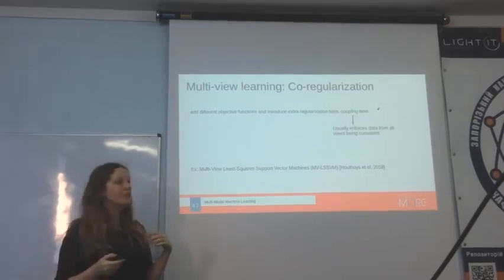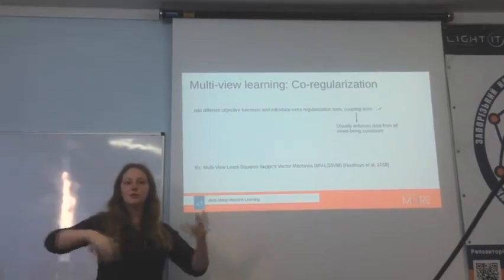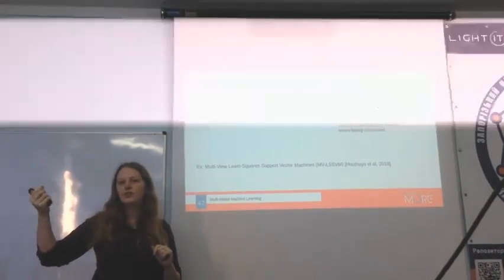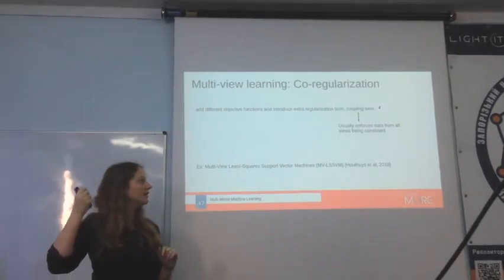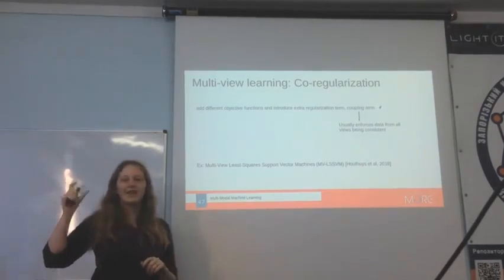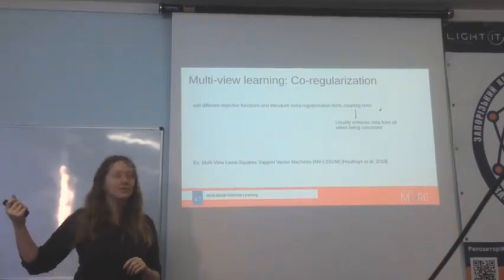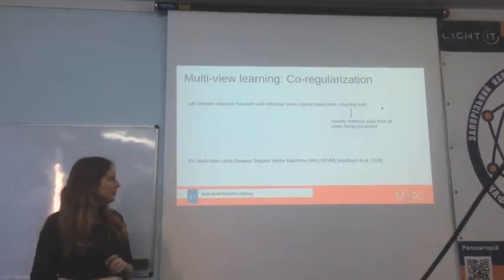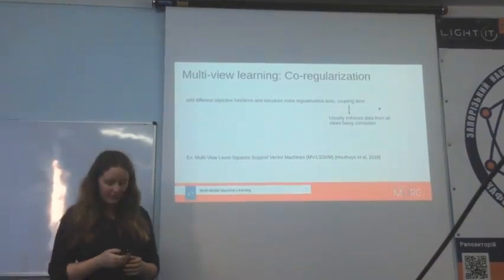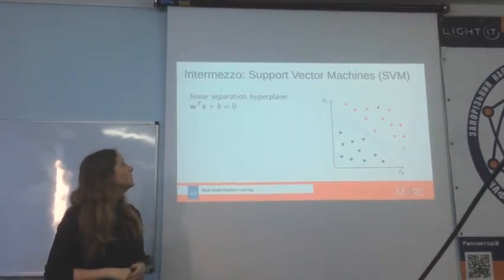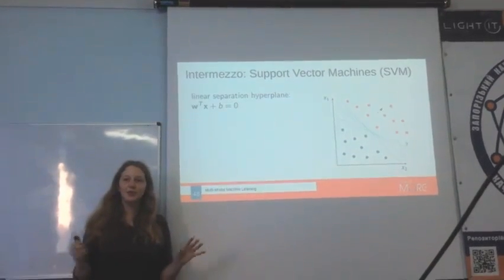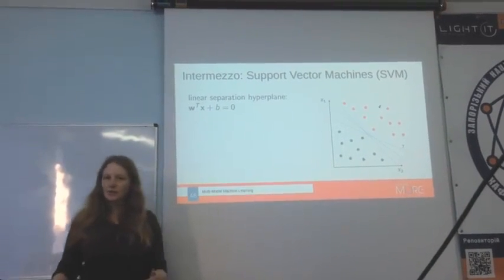The idea is that you take the objective function from one view and from the other, you just add them, and then you add a term that tries to maximize the alignment. It tries to make the views consistent. An example of that is multivariate least squares support vector machines. Support vector machines are a kind of kernel method, so I'll explain it a little bit.